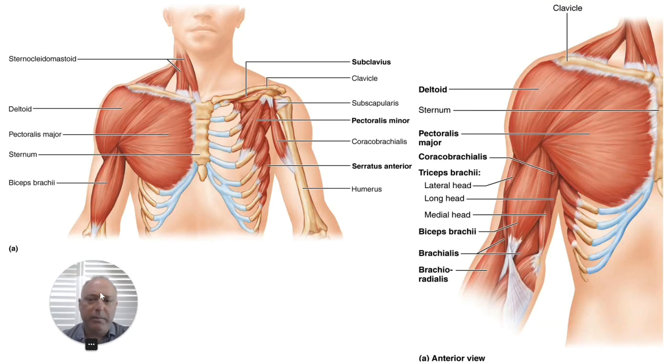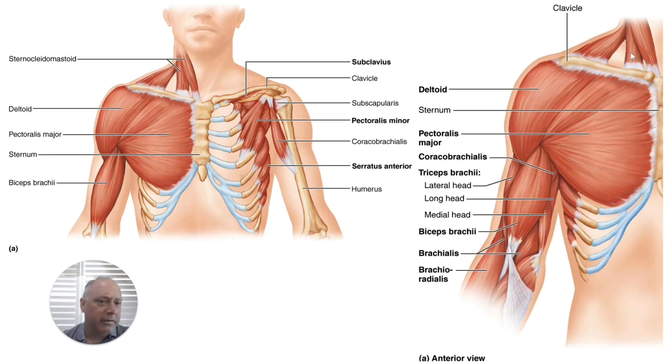Okay, if we look at the pectoral region, we can start with the sternocleidomastoid. We've got the deltoid, pectoralis major, biceps brachii. Deep to that, we've got the subclavius, pectoralis minor, and the serratus anterior. Here's another look.